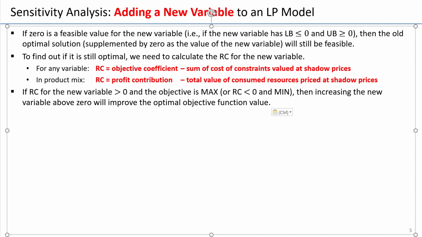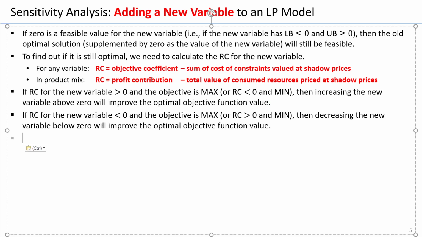The optimal objective function would improve if we did increase. If, however, reduced cost for this new variable were negative in the maximization objective, and by analogy, if it was positive in a minimization, then increasing would not help; decreasing would be improving the optimal objective function value.